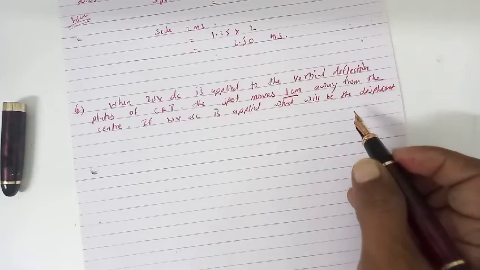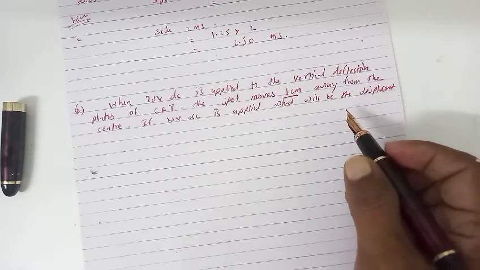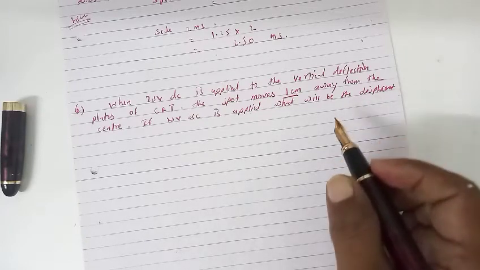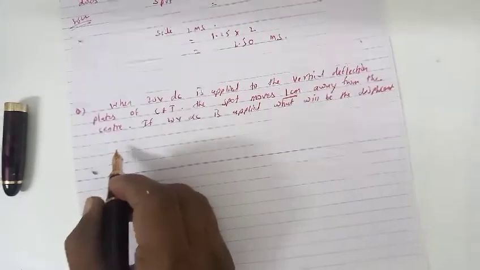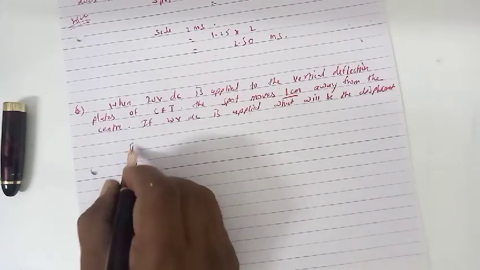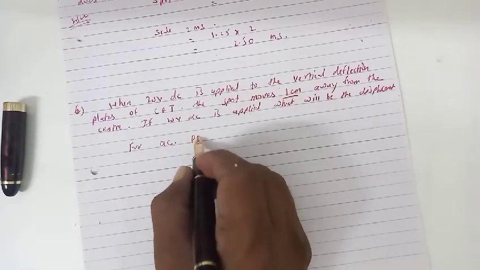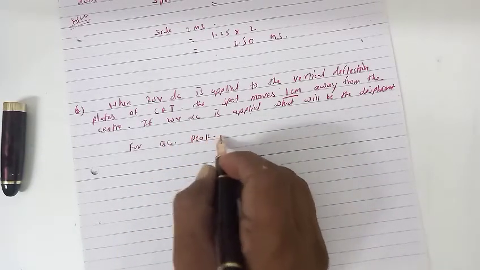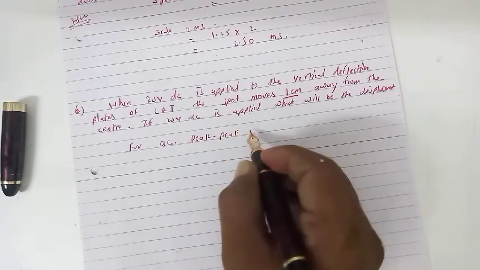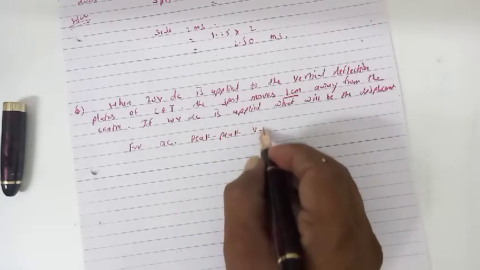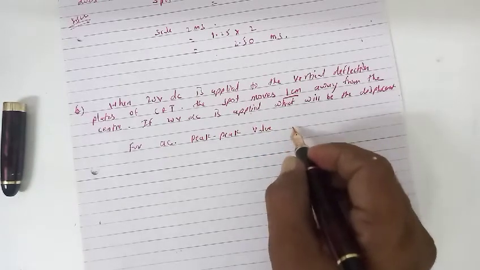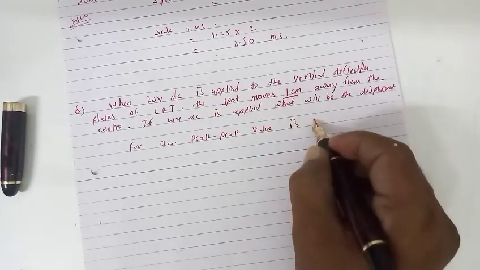So for finding this displacement, first you have to write down the peak to peak voltage, the peak to peak value of the AC.